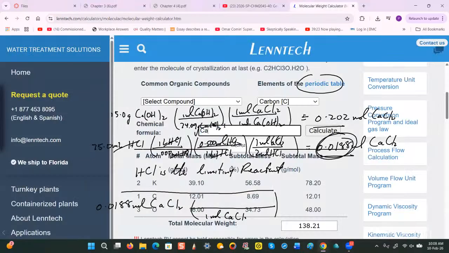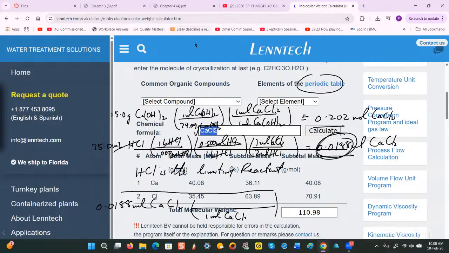So CaCl2, and that's 110.98. So I'm going to put 110.98 grams of calcium chloride above. And then we have to work this out.